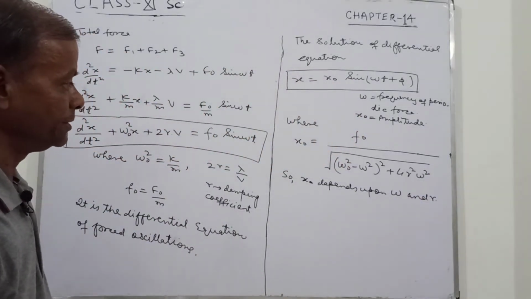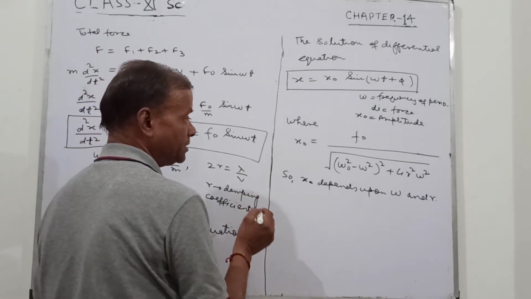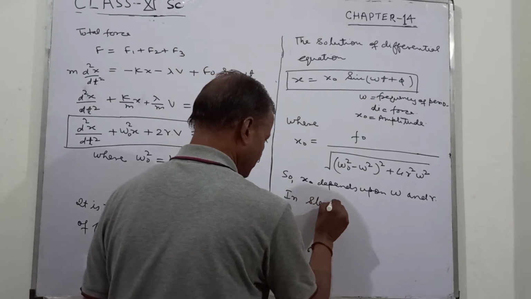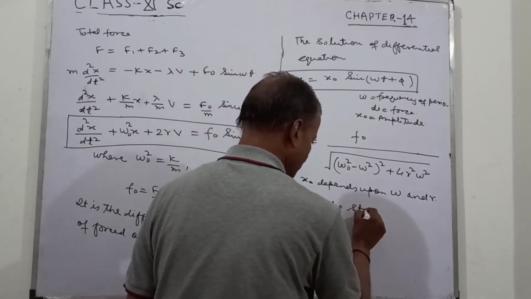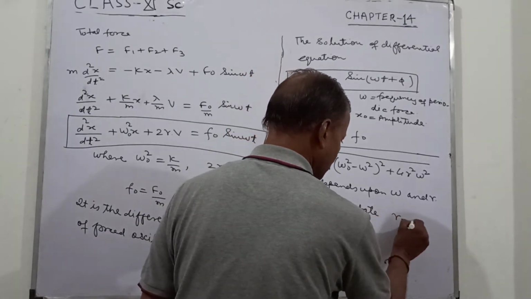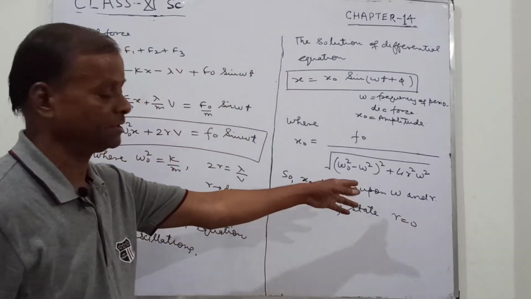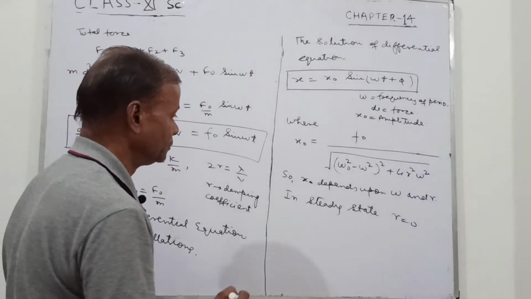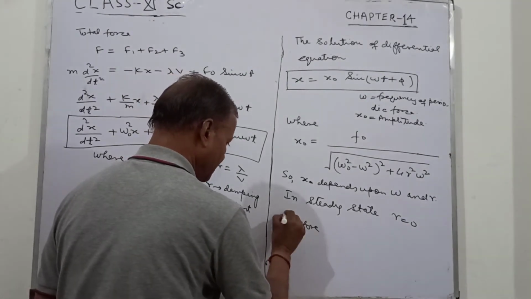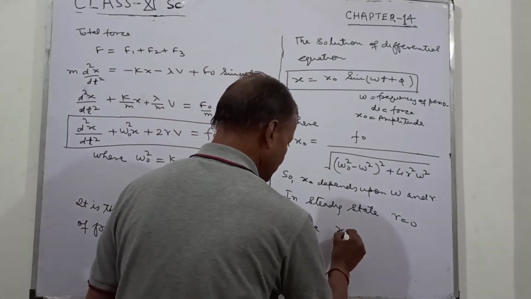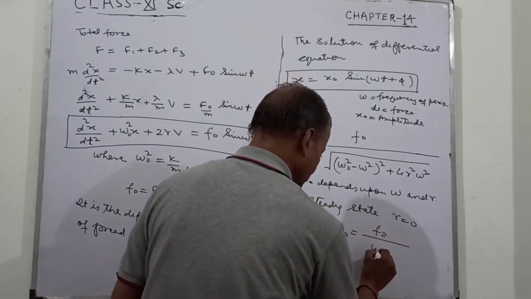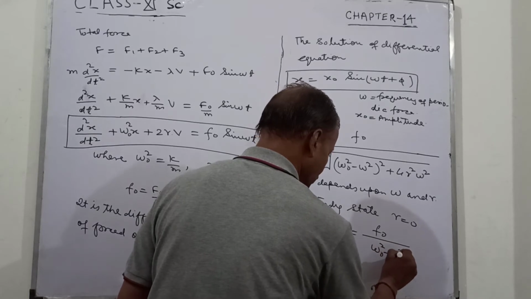And from here you can see that in steady state, r equal to 0 means that we neglect the damping. Therefore x naught equal to f naught upon omega naught square minus omega square.